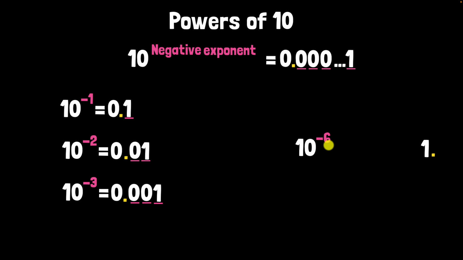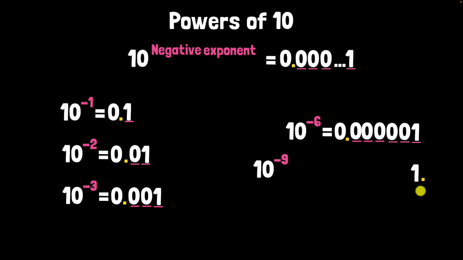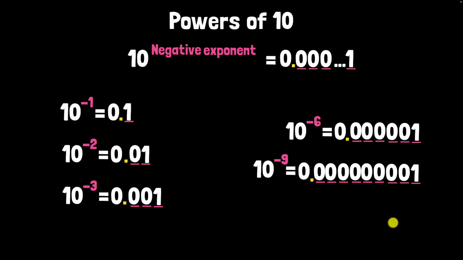So for example, 10 to the power minus 6 would be shifting this decimal to the left 6 times. 1, 2, 3, 4, 5, 6. This is actually 1 millionth. 10 to the power minus 9 would be shifting this decimal to the left 9 times. 1, 2, 3, 4, 5, 6, 7, 8, 9. This is called 1 billionth.